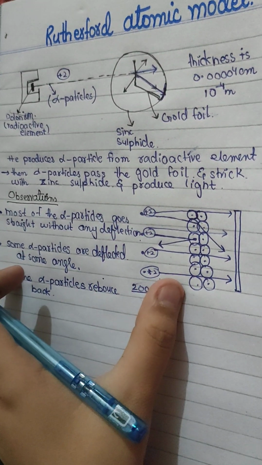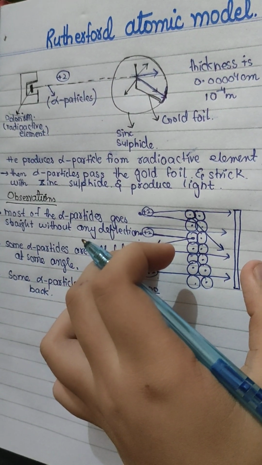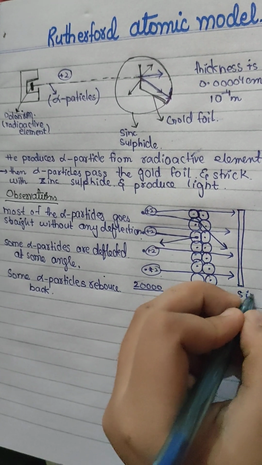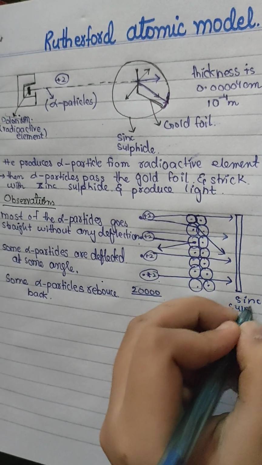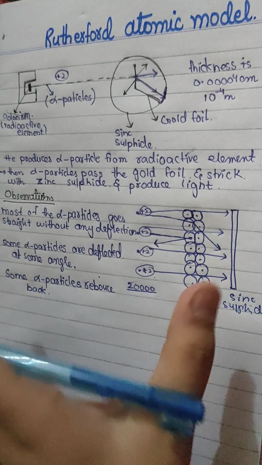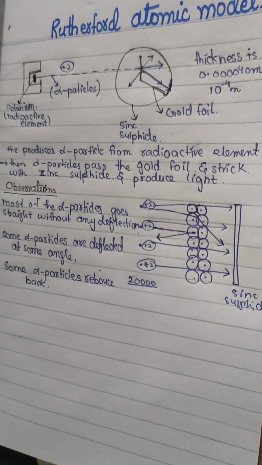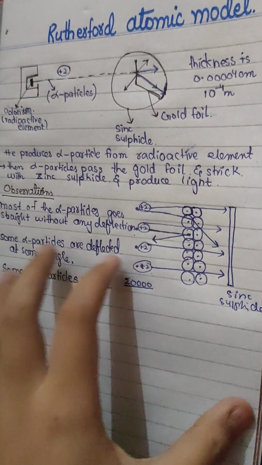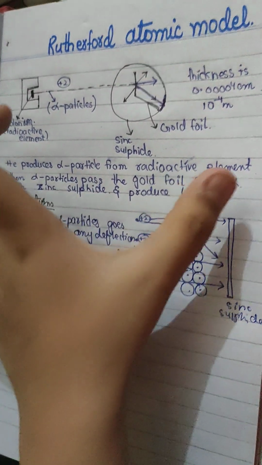This was the observation which he told after looking at this diagram. Hopefully that is clear to you guys. Now we are going to see the result, what he actually got from this experiment.